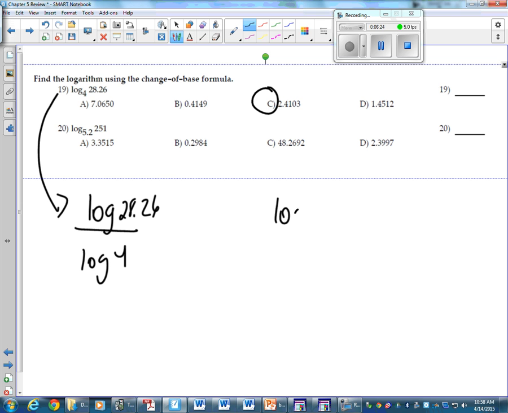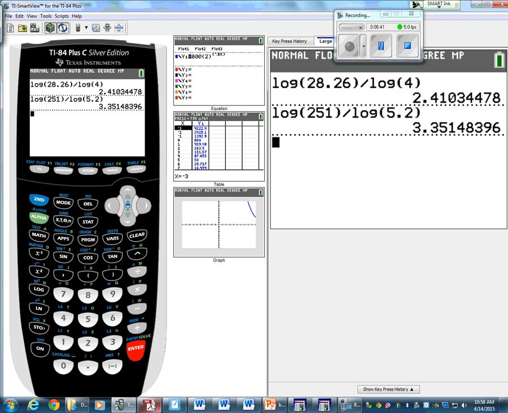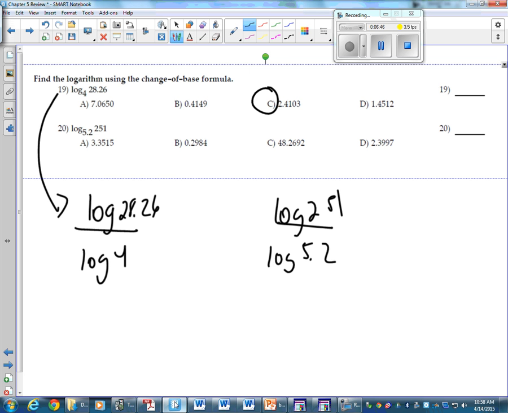Log of 251 divided by log of 5.2, and I get 3.3515, which looks to be what they're saying right here. So my answer is A.